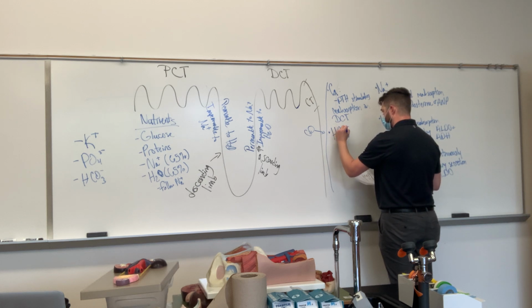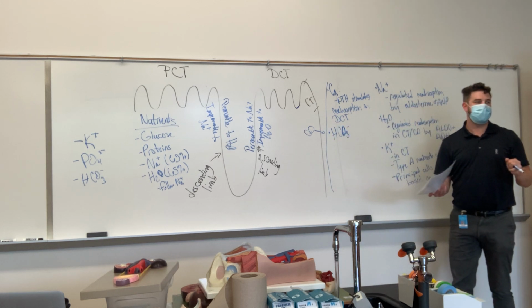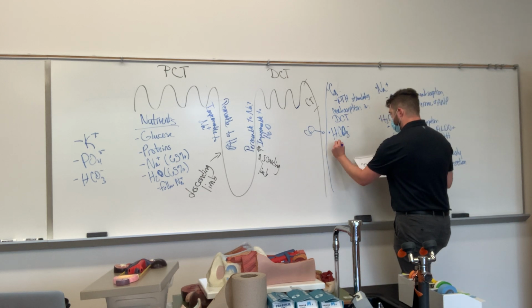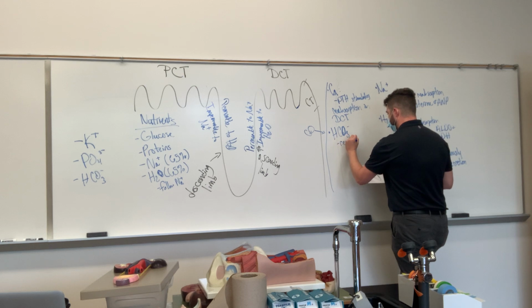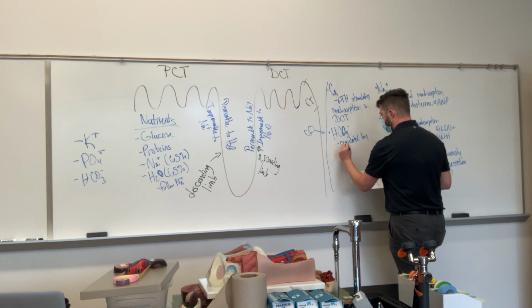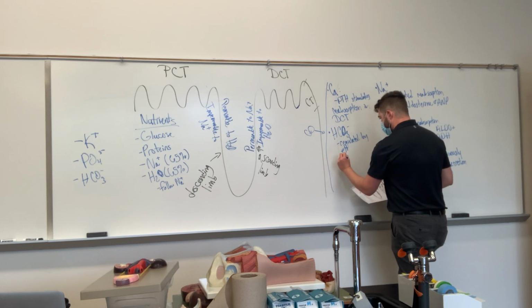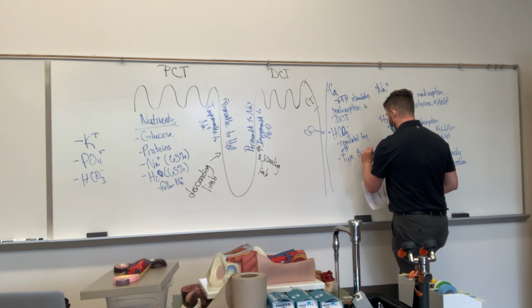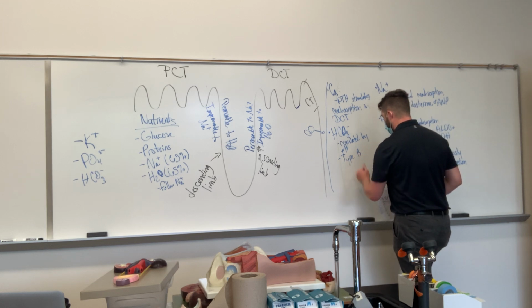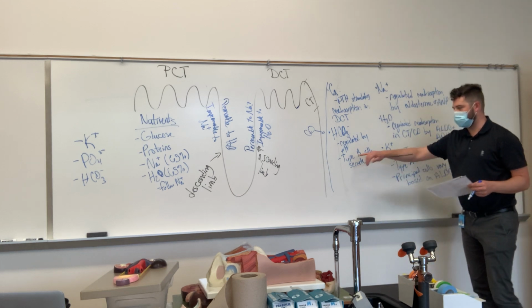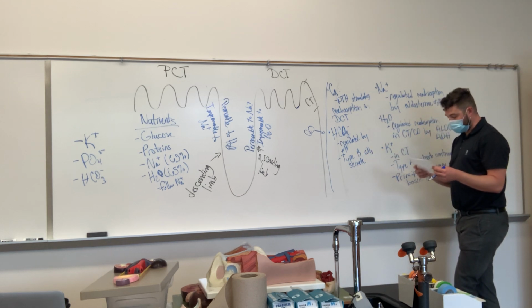Bicarbonate, we have more bicarbonate. Bicarbonate is a buffer for the blood, so it helps make sure the pH state is maintained. It's, again, regulated by blood pH, so not a hormone release, but an actual physiologic level. Type B cells secrete your bicarb. So instead of the type A intercalated, your type B intercalated, you're going to secrete bicarb.